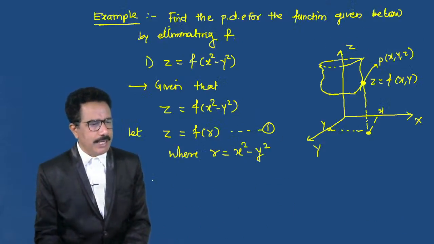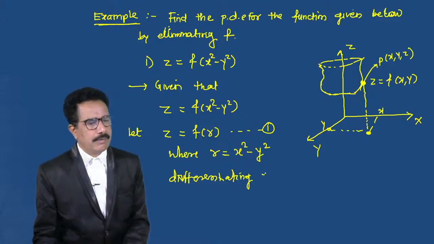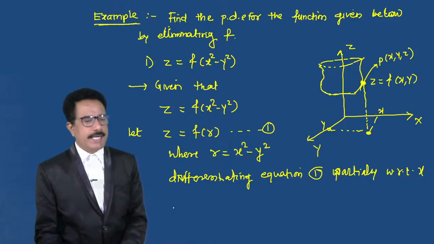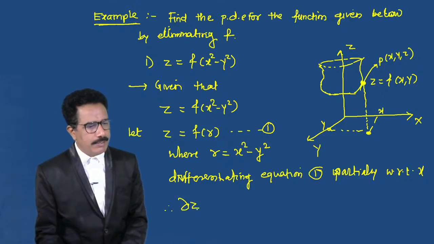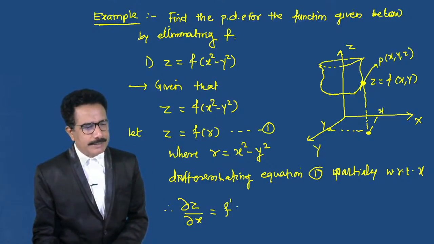So now, differentiating equation 1 partially with respect to x, we can write therefore dou z by dou x is equal to dou z by dou r, that is f dash of r, into dou r by dou x.